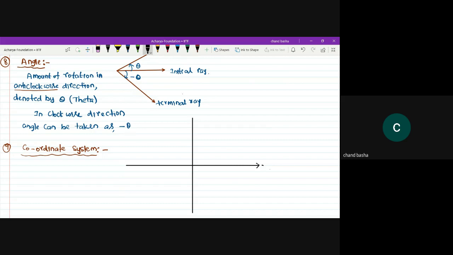This is the positive x-axis and this is the positive y-axis. We call this quadrant number 1, this quadrant number 2, this quadrant number 3, and this quadrant number 4.